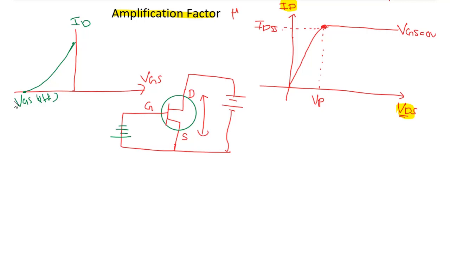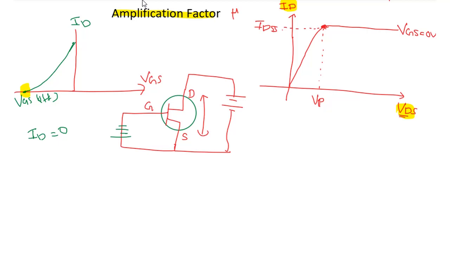So once again I am repeating, as the reverse gate source voltage is increased, the cross-sectional area of the channel decreases, and if the cross-sectional area of the channel decreases, the resistance increases and drain current ID decreases. And at some voltage VGS, the depletion layer extends completely across the channel and the channel is cut off. So ID will be equal to 0. The VGS at which ID is equal to 0 is said to be the VGS off.